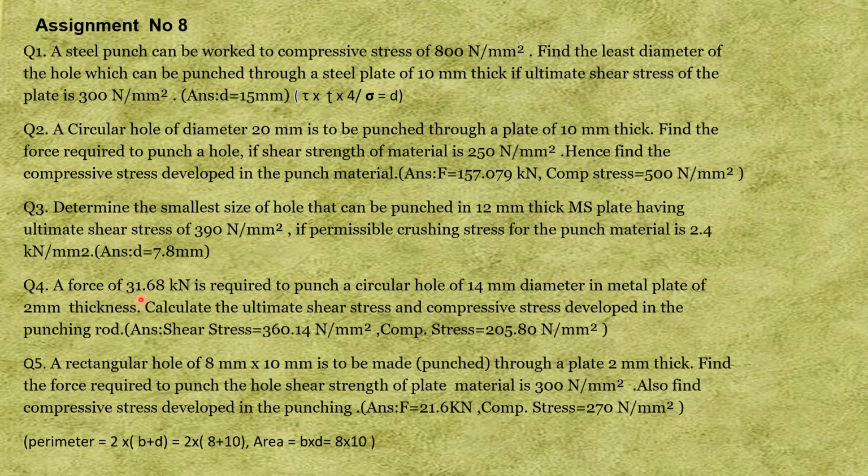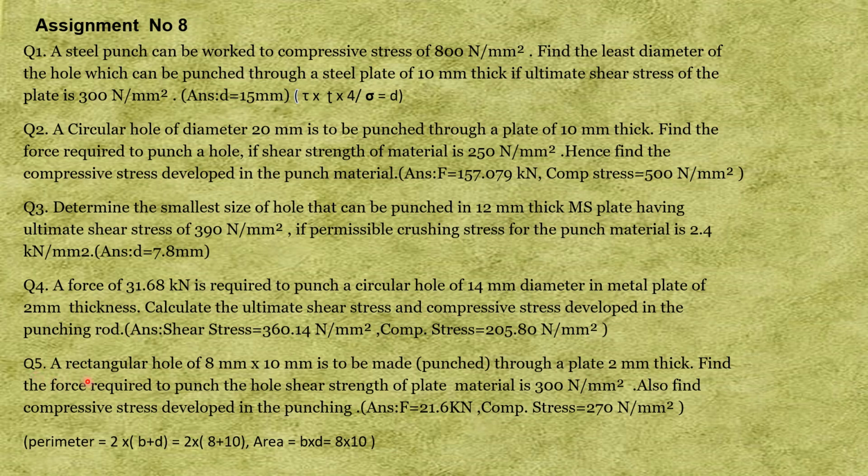A force of 31.68 kilonewton is required to punch a circular hole of 14 mm diameter in a metal plate of 2 mm thickness. Calculate the ultimate shear stress and compressive stress developed in the punching rod. The answer is shear stress is equal to 360.14 Newton per mm square. Compressive stress is 205.8 Newton per mm square.